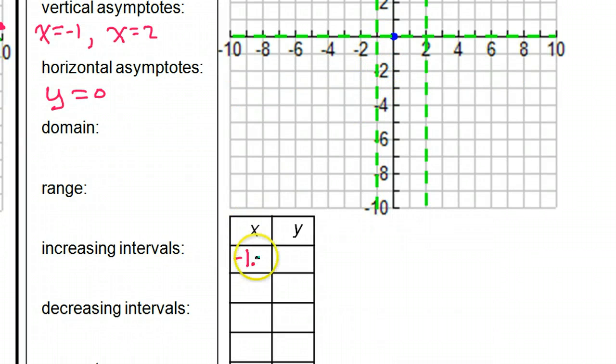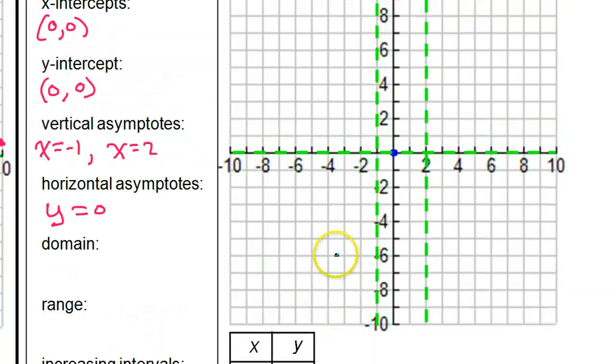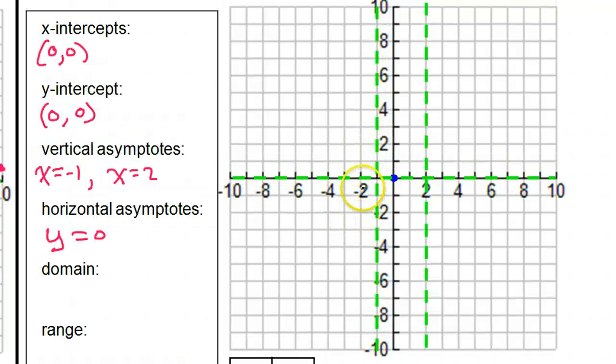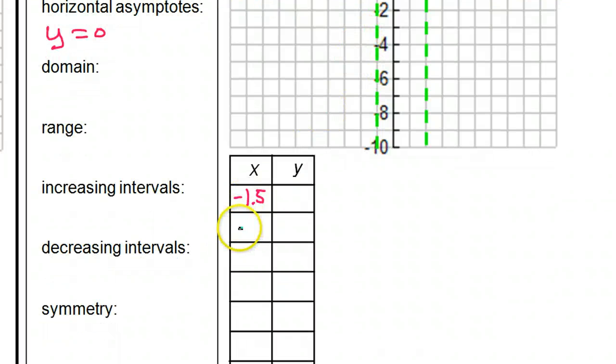So negative 1.5. The reason why, when you're close to the asymptote, you really get to see where the function is headed. Whether it's headed up or down, you get a much better view. So always use values like half a square away on either side. On the right side of this asymptote, it would be negative 0.5, halfway over.